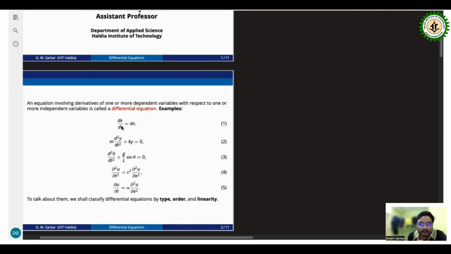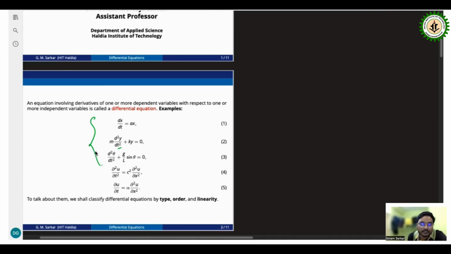Here dx/dt equals ax, where a is a constant, x is the dependent variable, and t is the independent variable. Similarly, for the second equation, y is the dependent variable and t is the independent variable. For this equation, theta is the dependent variable and t is the independent variable.